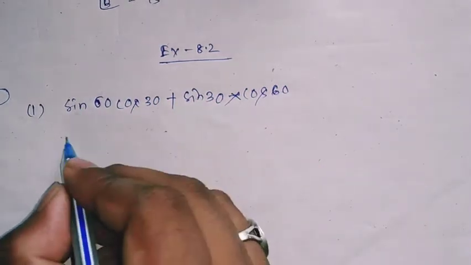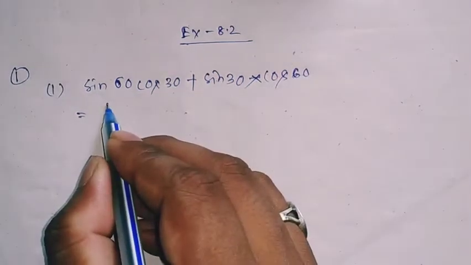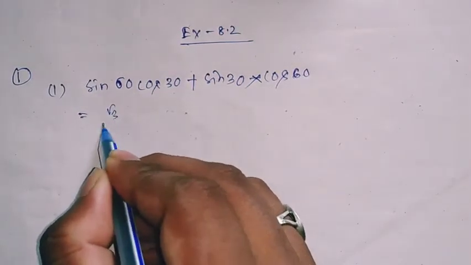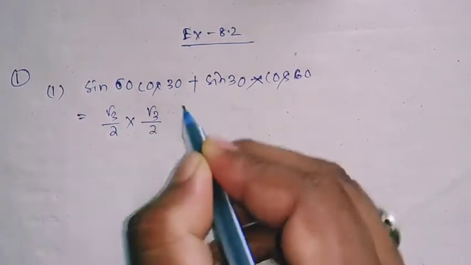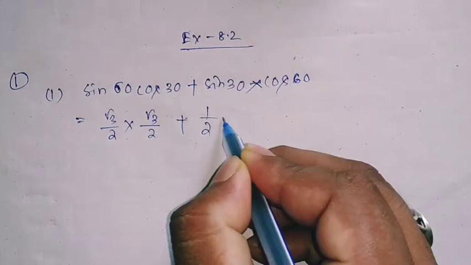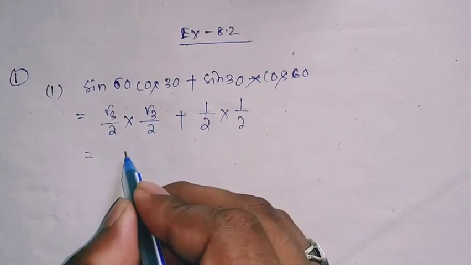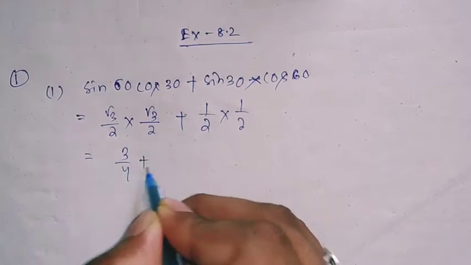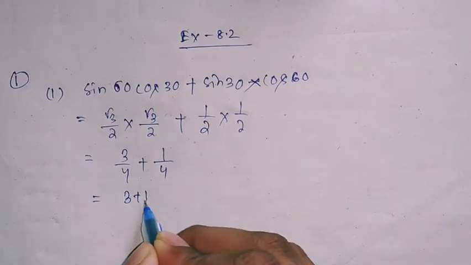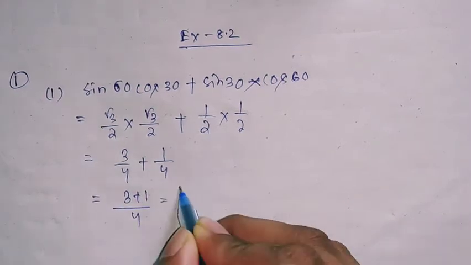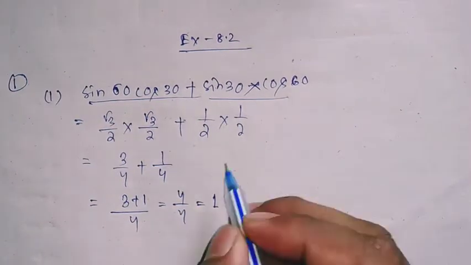Okay, we will start. So putting the value, we know sin 60 is equal to root 3 by 2 into cos 30 is also root 3 by 2 plus sin 30 is 1 by 2 and cos 60 is also 1 by 2. So here it will be your 3 by 4 plus 1 by 4, which is equal to 3 plus 1 by 4, which is equal to 4 by 4, which is equal to 1. So the value of this will be 1.